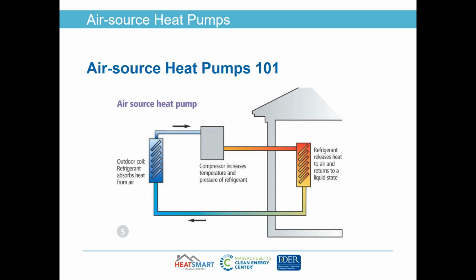Because they're moving heat, it's a passive process, and they can generate more thermal energy than just electric resistance heating. They can operate even when it's very cold outside, 0 degrees or even colder.